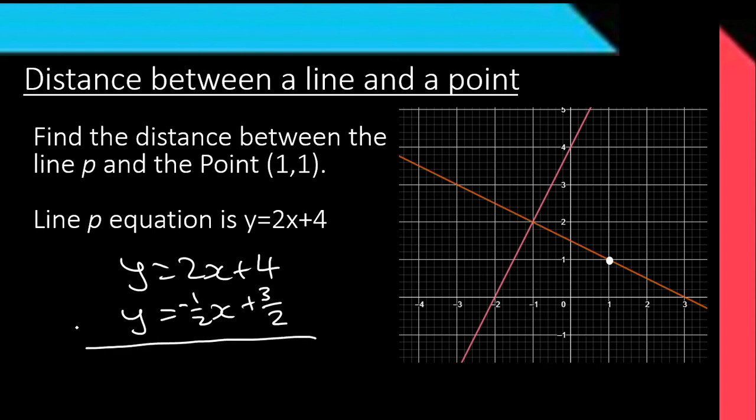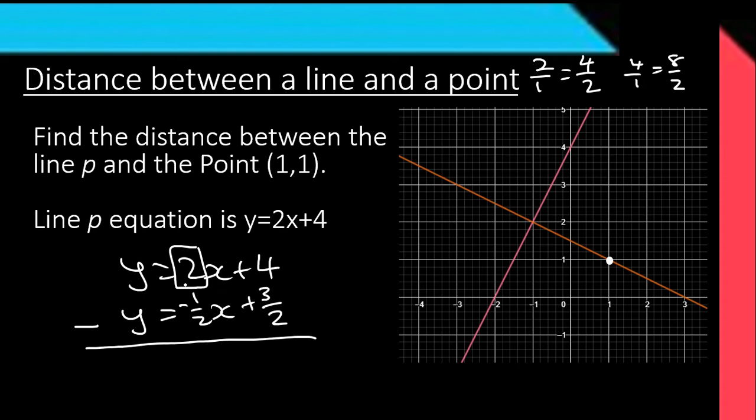I'm going to use elimination. I'm going to subtract them from each other. But to be able to subtract them nicely, because we're dealing with fractions, I'm going to change the 2. So it's 2 over 1, and I'm going to change it so the denominator is also 2. So I'm going to change the 2 to 4 over 2, and I'm going to change the 4 so it's 8 over 2.